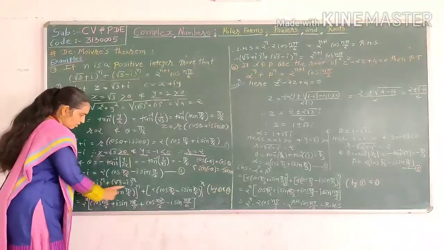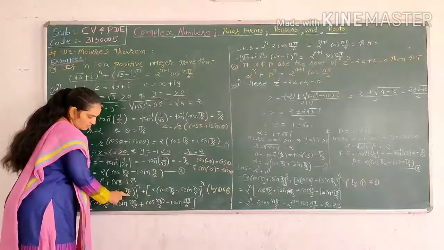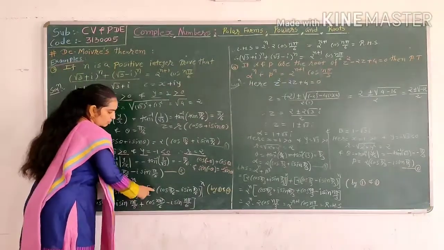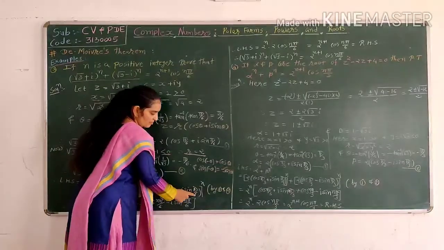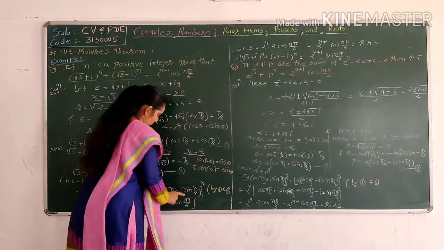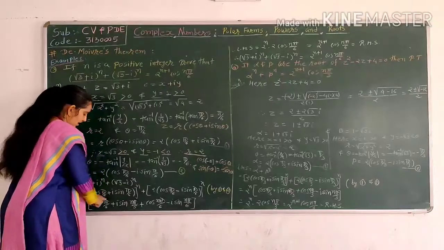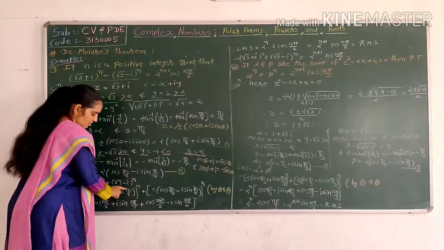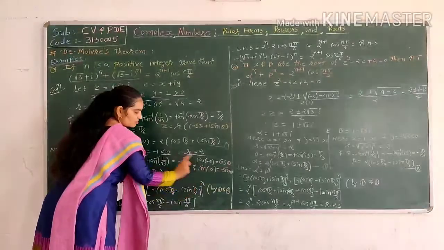Now 2 raised to n into cos pi by 6 plus i sin pi by 6 raised to n plus 2 raised to n into cos pi by 6 minus i sin pi by 6 raised to n. Now 2 raised to n is common to both terms, so taking it outside: cos pi by 6 plus i sin pi by 6 whole raised to n, plus the same with minus i sin pi by 6 raised to n.